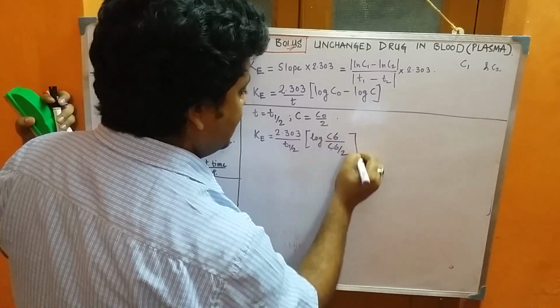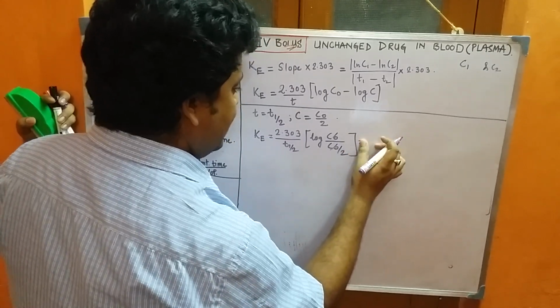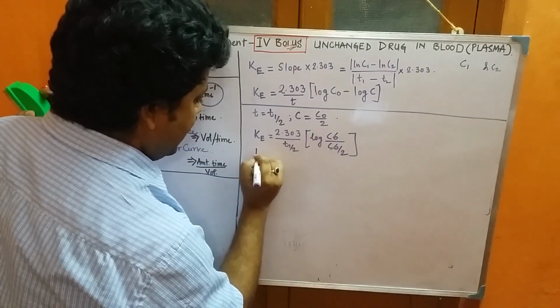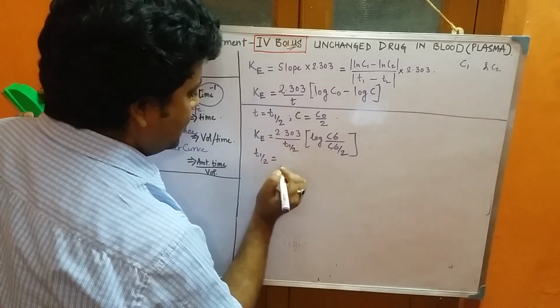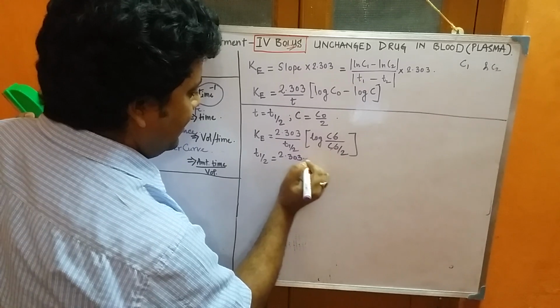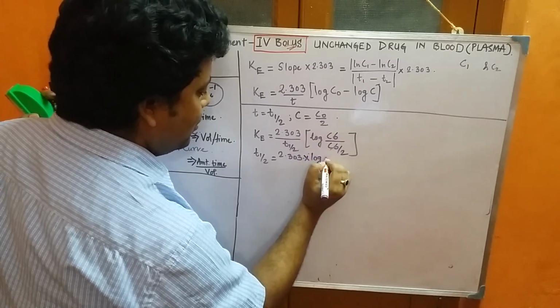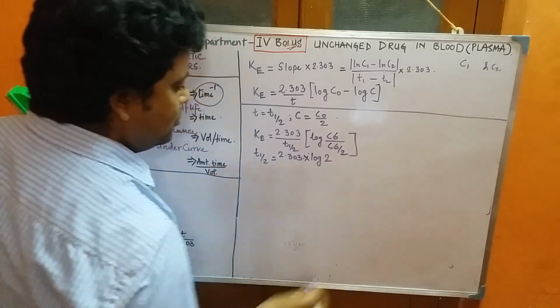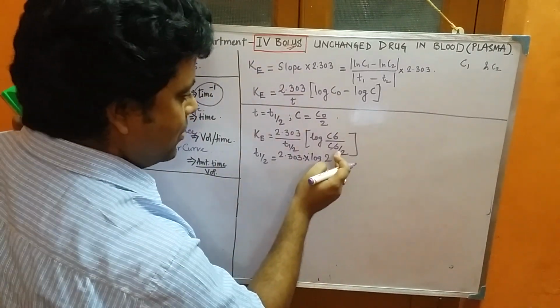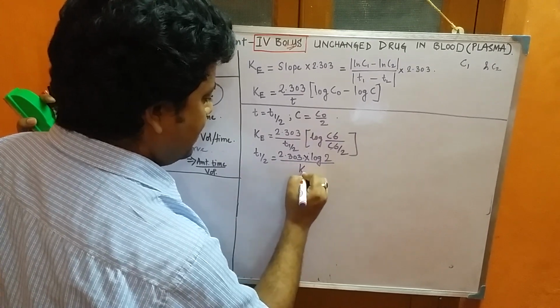So C naught cancels, and T half equals 2.303 into log 2 divided by Ke.